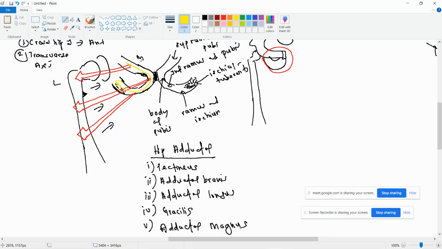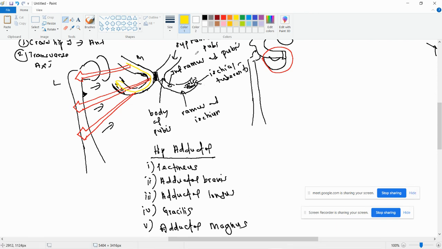For example, this is the pectineus, this is adductor brevis, this is adductor longus, this is gracilis, and adductor magnus. So this is how I make the arrangement so that you can remember the exact origin of each muscle. That's why, before you remember the origins, you should remember every structure here: superior ramus, body, inferior ramus, ramus of ischium, and also ischial tuberosity, because all these muscles are attached somewhere around here, class.